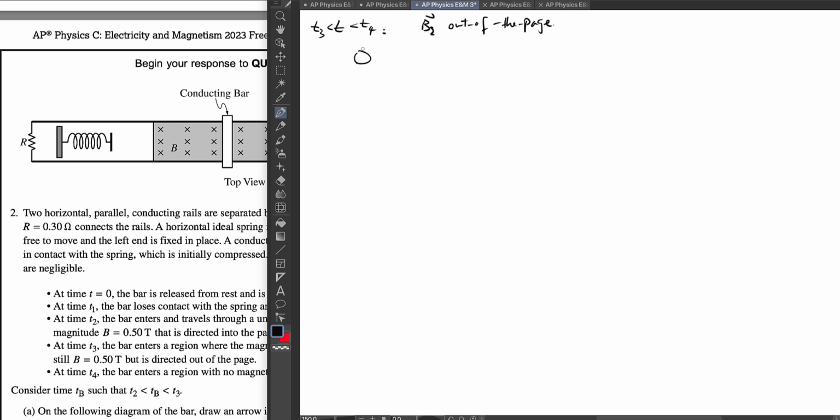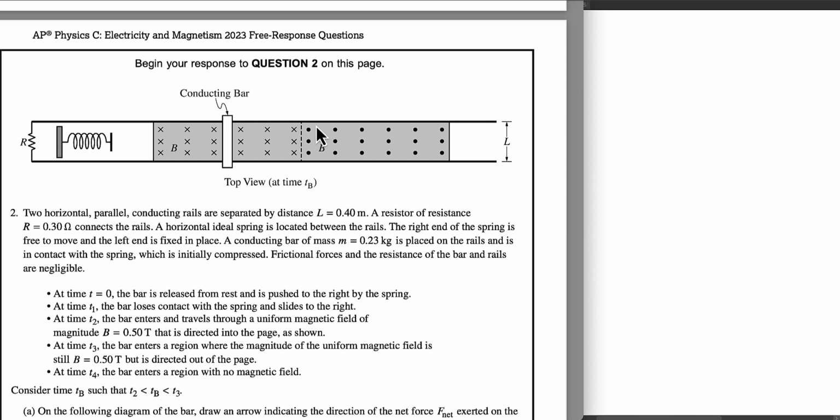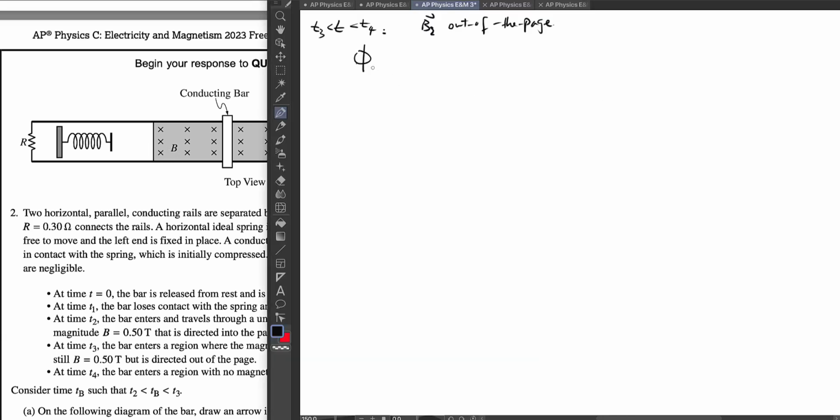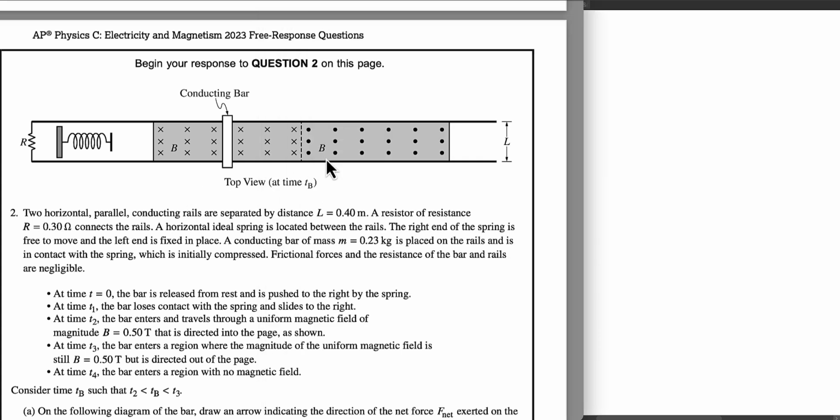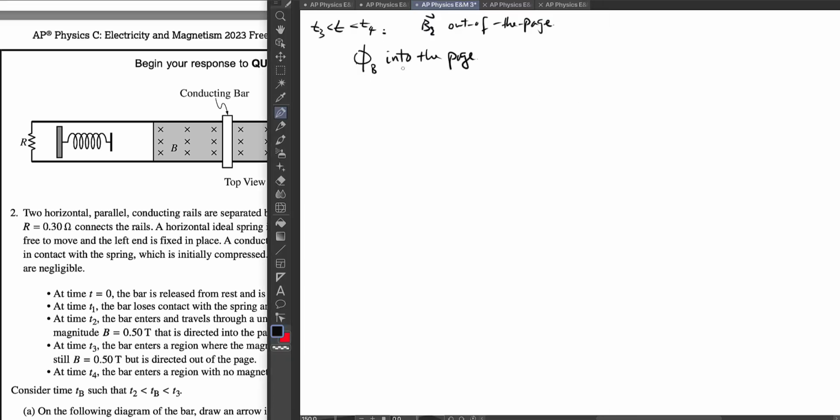At the beginning, the flux is still into the page, right? Because the small area here has flux out of the page, most of the area here is still into the page. So the total flux is still into the page. However, because of the cancellation, this flux out of the page will partly cancel the flux into the page. So the flux is actually decreasing.